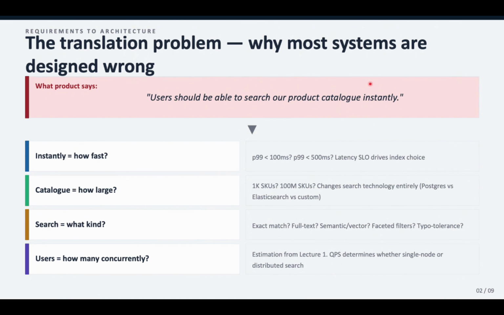So this instantly is not a requirement, it is an aspiration, and your job as an architect is to turn this aspiration into 4 or 5 specific measurable questions and then answer them. The process of turning instantly into clear measurable system goals, like fast response time under heavy load, that is software architecture.